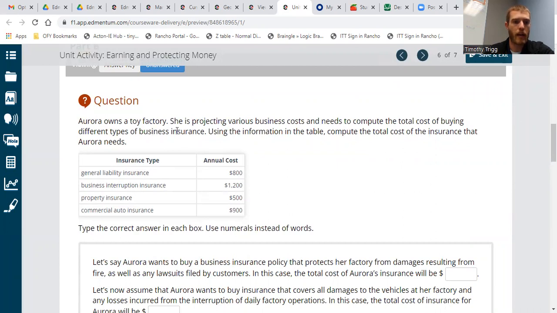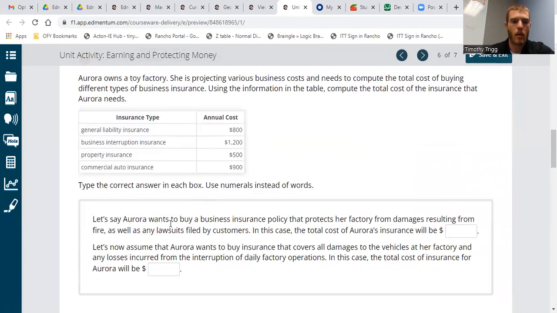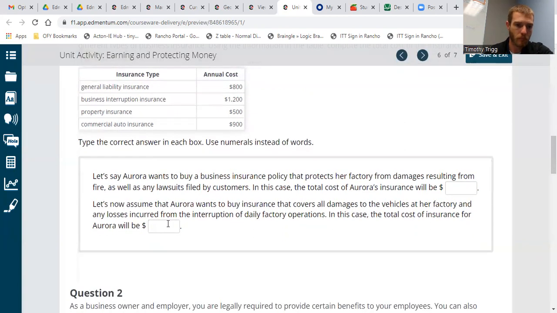Aurora owns a toy factory. She's projecting various business costs and needs to compute the total cost of buying different types of business insurance. Using the information on the table, compute the total cost of insurance that Aurora needs. So we have these different types of insurance and their costs. General liability insurance, 800, business interruption insurance, 1200, and so on.